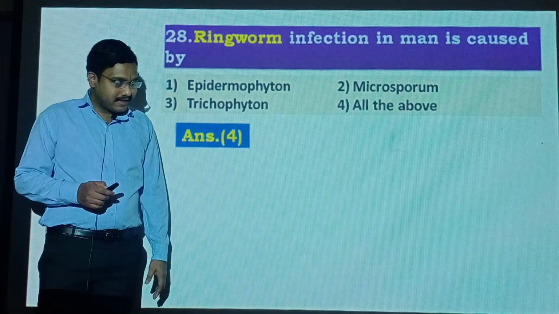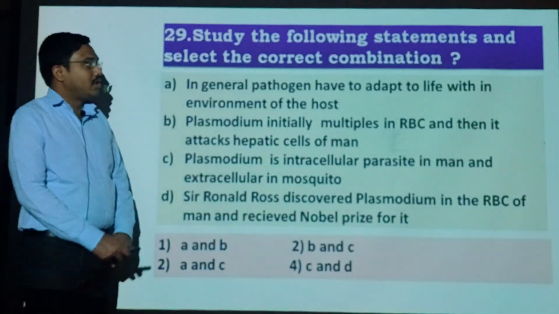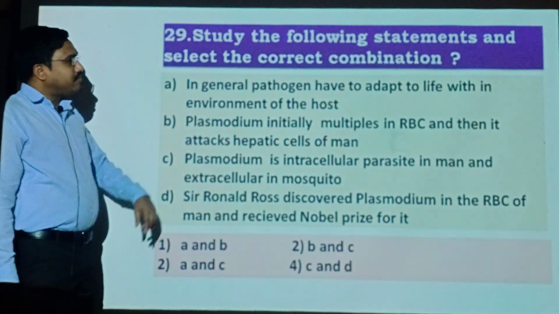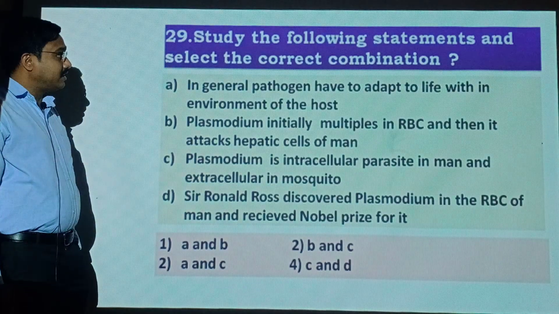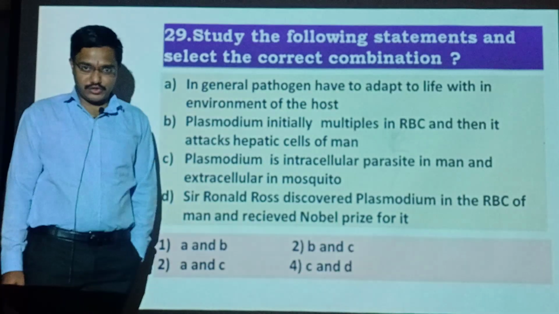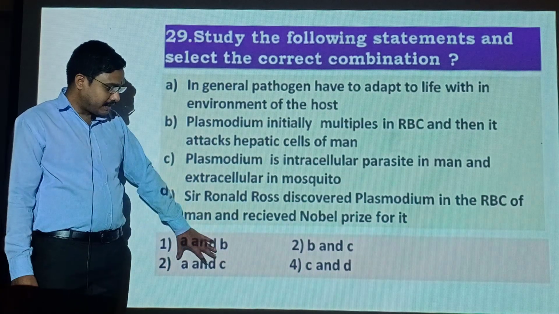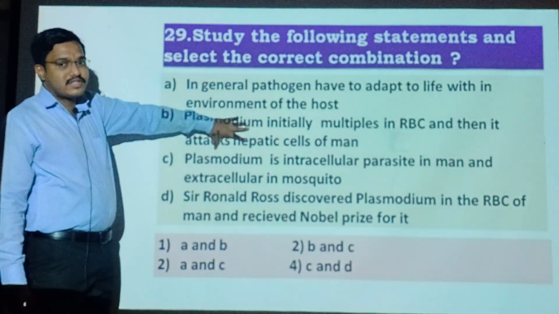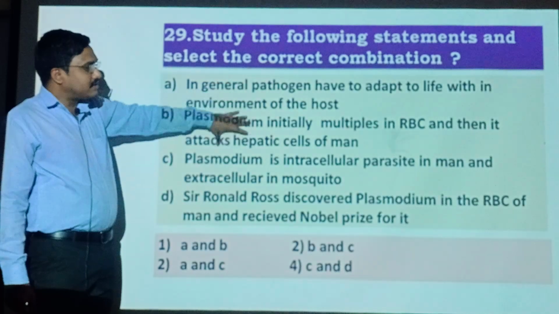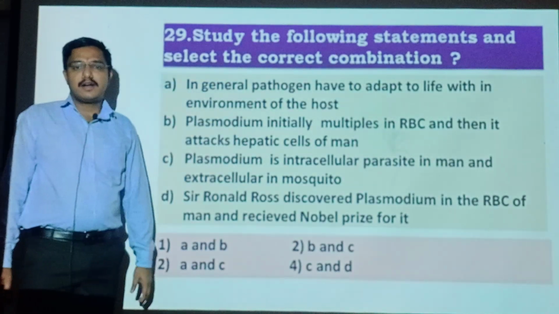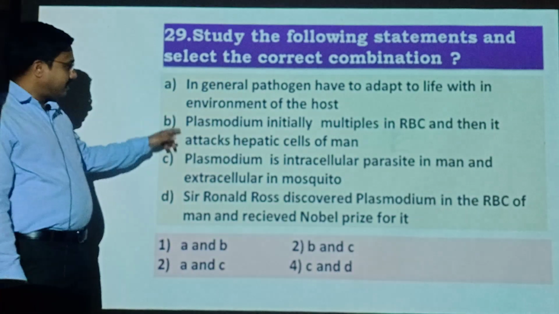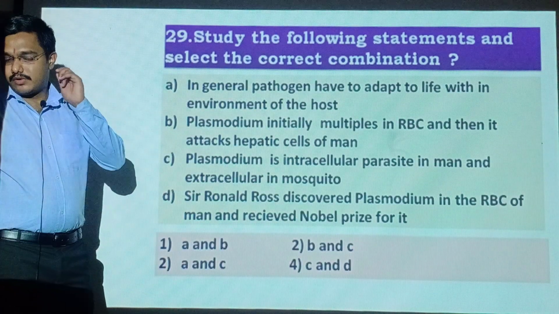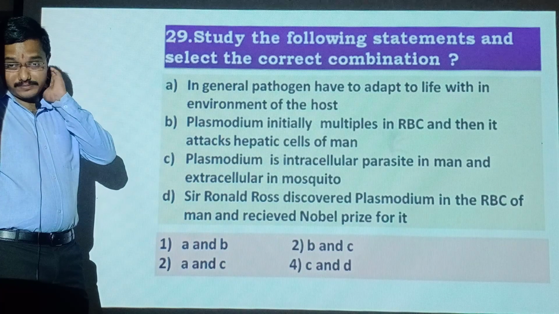Okay, next question. Question number 29. Study the following statements and select the correct combinations. So here they have given combinations, here they have given the statements. You have to study the statement and we have to select the correct statement. There are 4 statements.